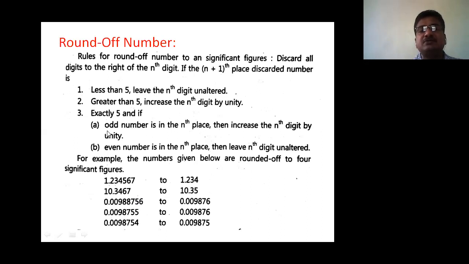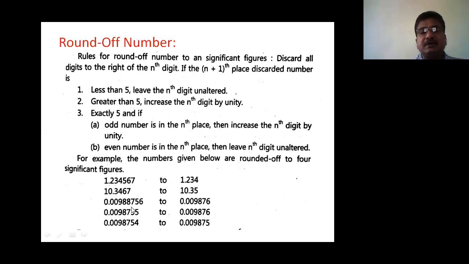So by using rule 3A, what do we have? We have the number 9876. Okay, the first discard digit is exactly 5. Then if the previous digit is odd, increase by 1. If the previous digit is even, then it remains as it is.